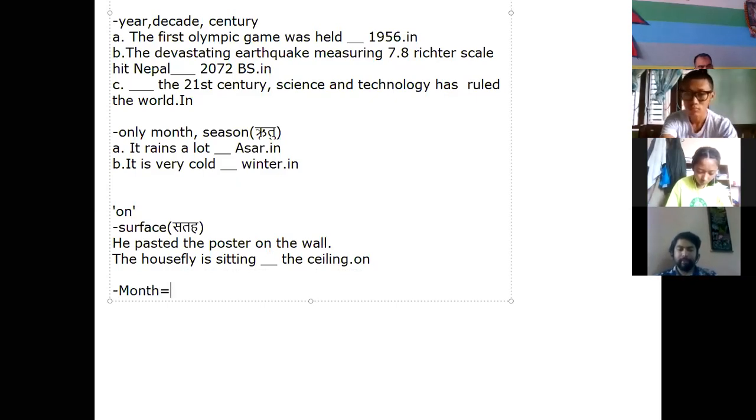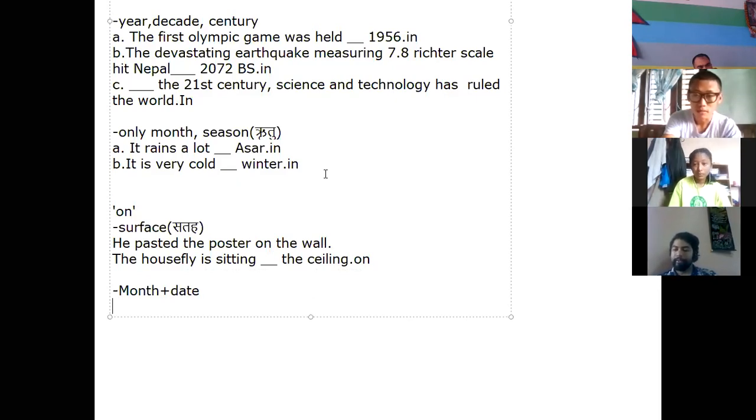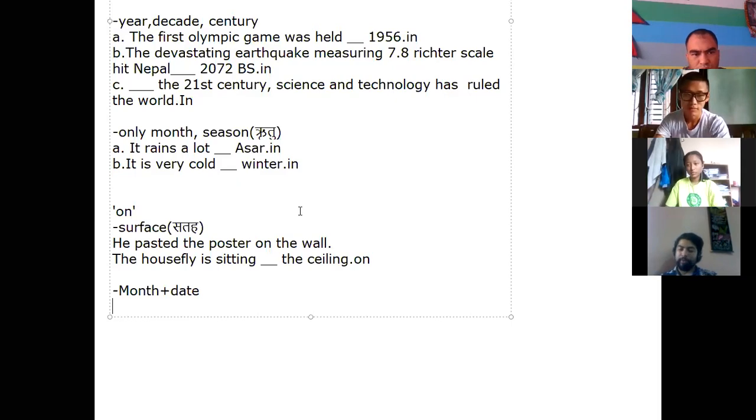Month plus date. When both month and date are used, you use on. All right, so month plus date.